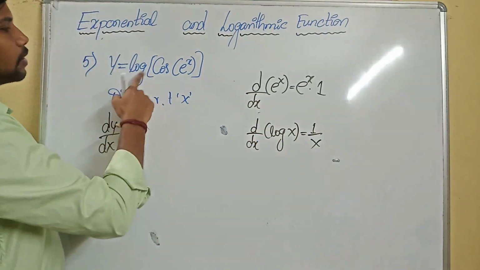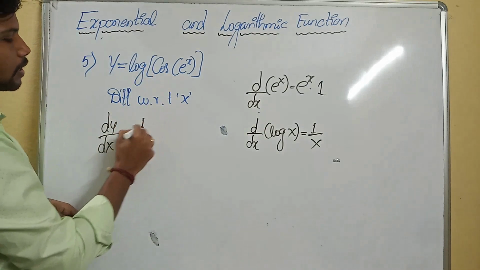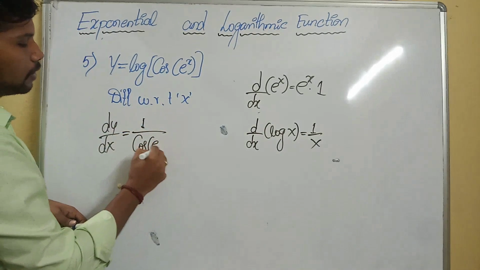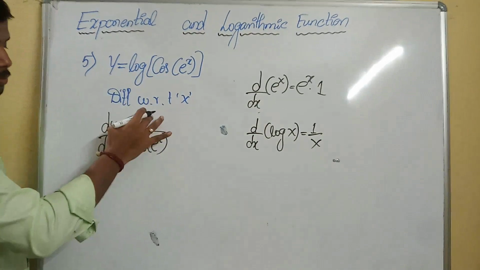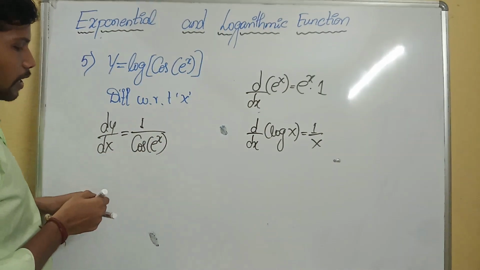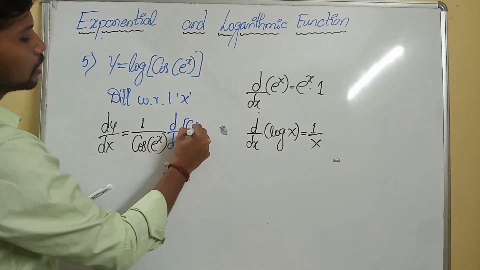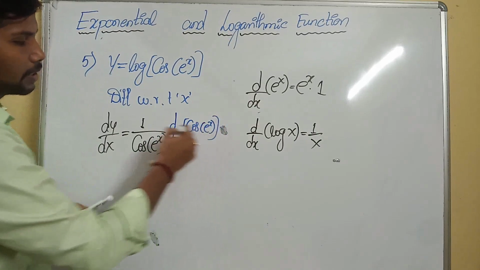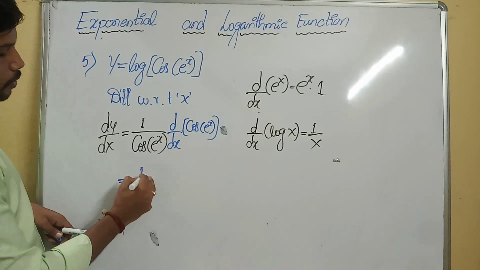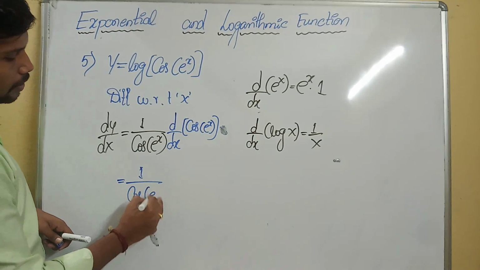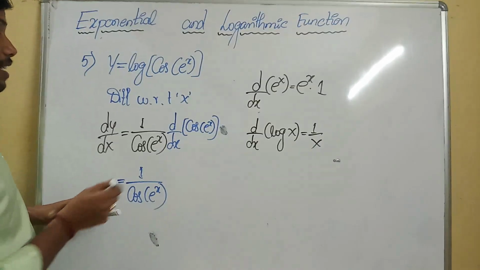Now in the x position cos is there. That's why I need to write 1 divided by cos of e raised to x, that is, log of the term gives 1 by the term. After that, I have to write d by dx of that function, cos of e raised to x. Is it okay? After this, 1 divided by cos of e raised to x. What is the derivative of cos?